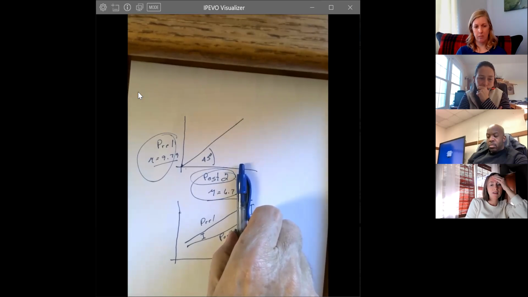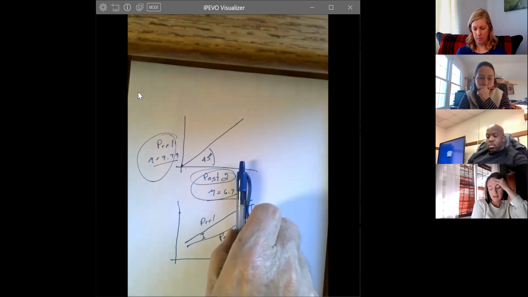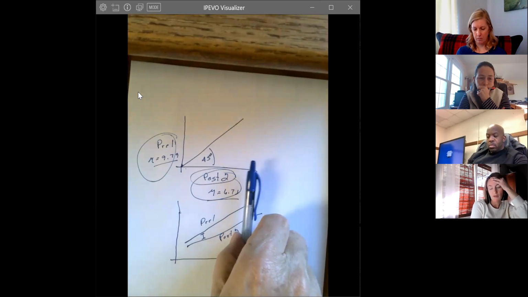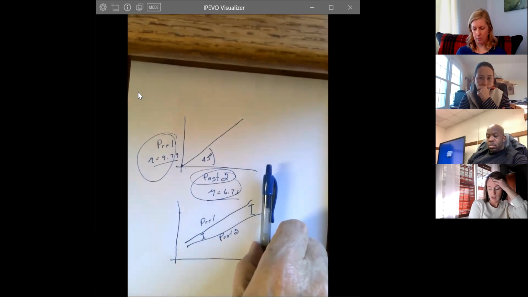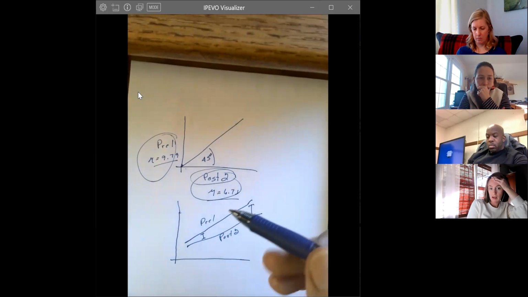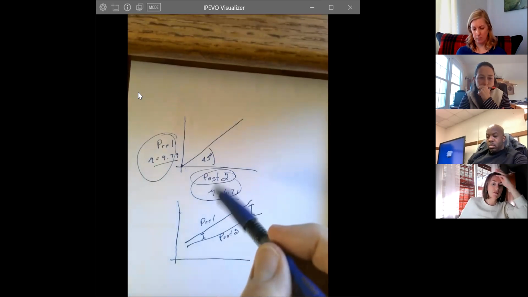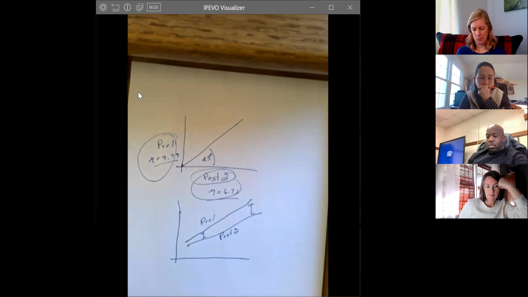Right, and each one of those dots represents a subject. And because they're two different groups or two different tests, in this case, you have to draw a best fit line for each set of dots, like red dots and blue dots. They each get a best fit line essentially. Yeah, but it doesn't work because the two scales are different.